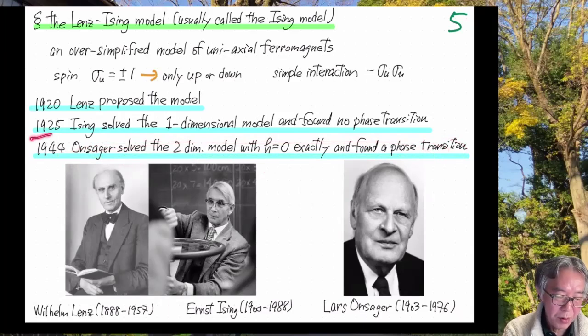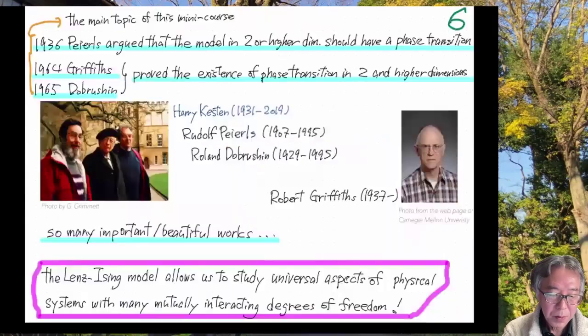So as I said, there was something here. That is 1936, before Onsager, Professor Rudolf Peierls argued that the two-dimensional Ising model, or the Ising model in higher dimensions, should have a phase transition. He found a very beautiful and essential argument suggesting the existence of a phase transition.